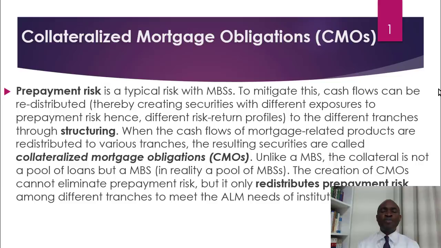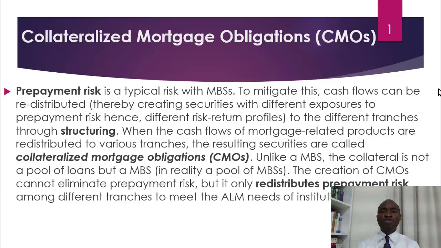Now, when we distribute the cash flow on a mortgage pass-through by creating different tranches of a mortgage-backed security, the structure that results from redistributing the cash flow is called a collateralized mortgage obligation, or CMO.